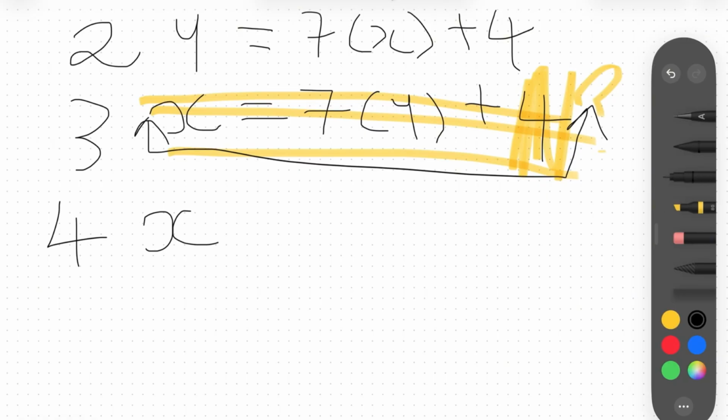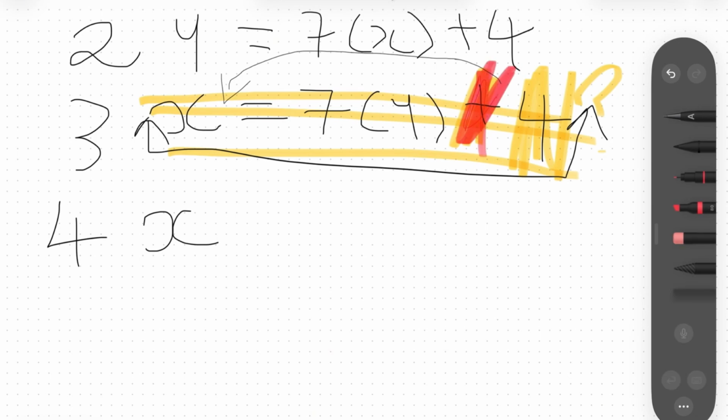So we're going to carry this 4 over the equal sign. And when any number is being carried over the equal sign, it changes its sign. So we see right here that the sign is positive. So when it's carried over, it will no longer be a positive 4, but a negative 4.